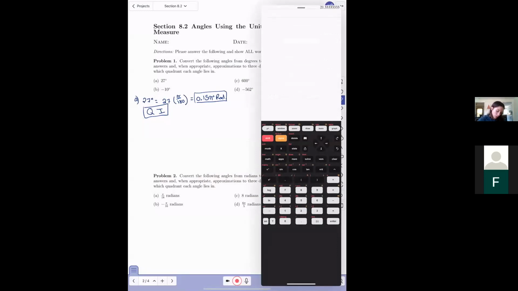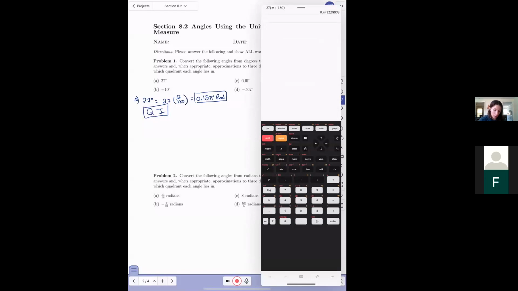Okay. So if we have 27 times pi, your shift caret will give you the pi symbol, divided by 180, it's 0.471. Does that make sense, Faith? No, yeah, I understand how to do that, but I don't understand how you got 0.15.